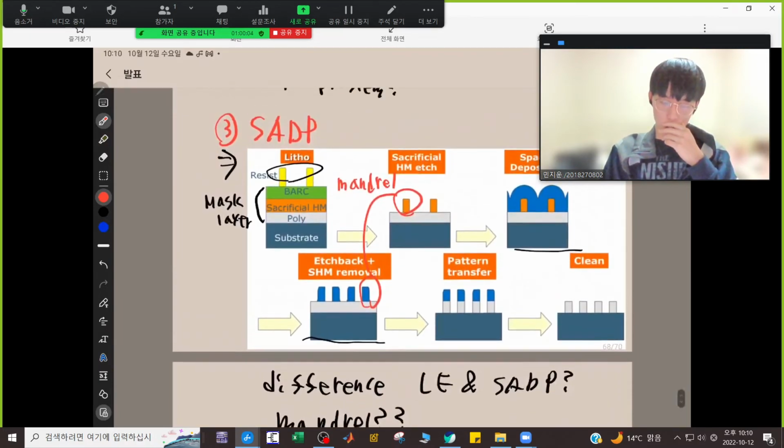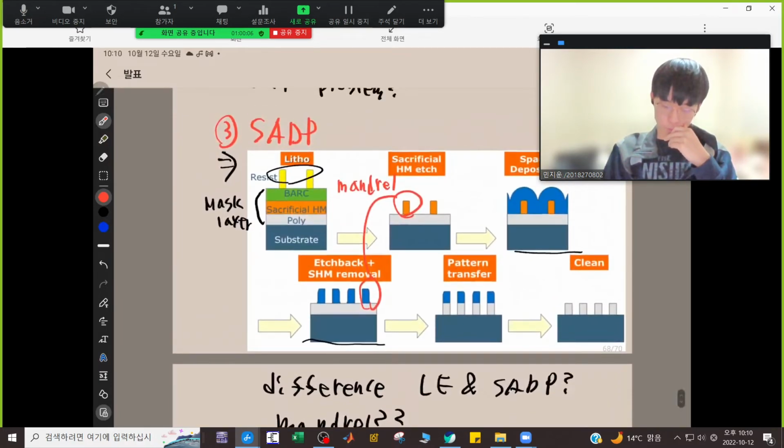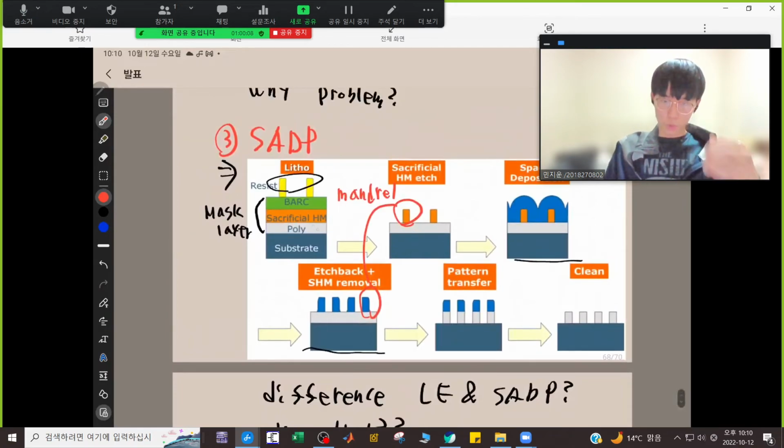So if you see this picture, after the photolithography, we etch the bulk and hard mask to get a hard mask mandrel.